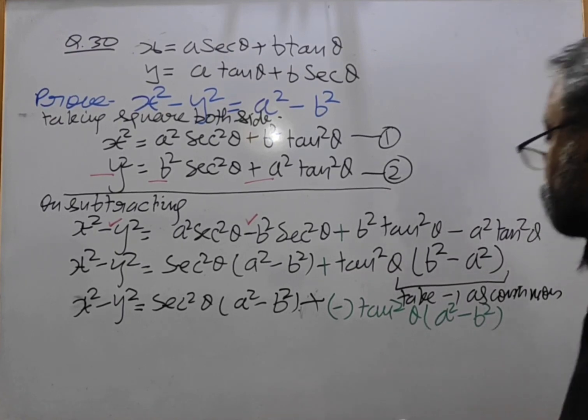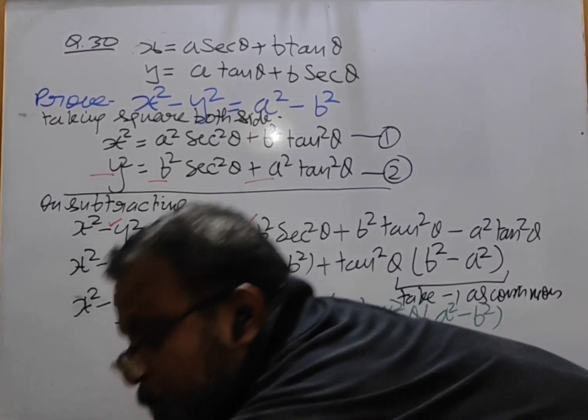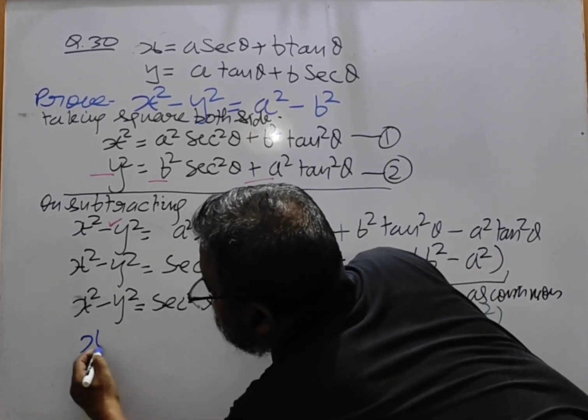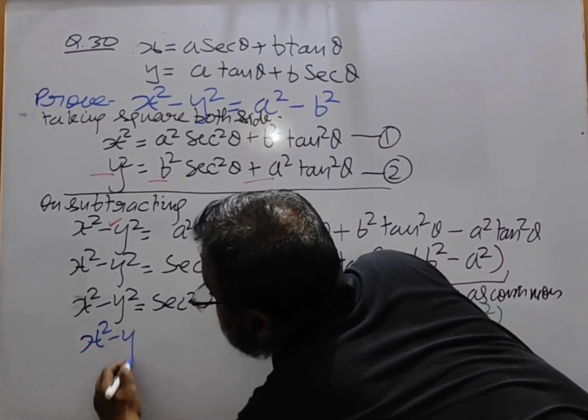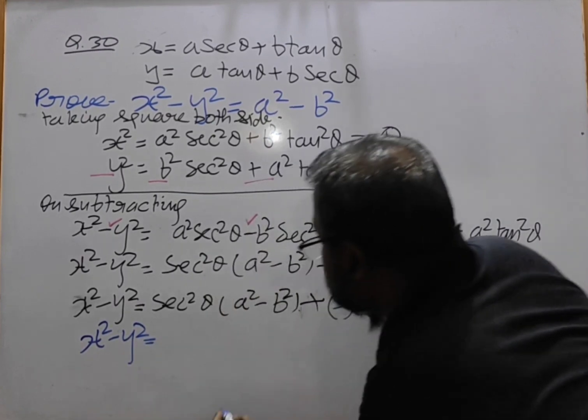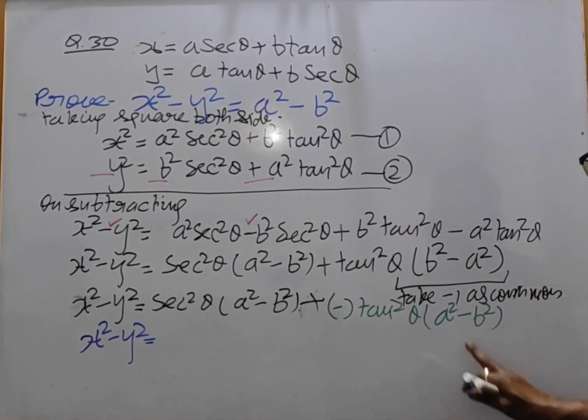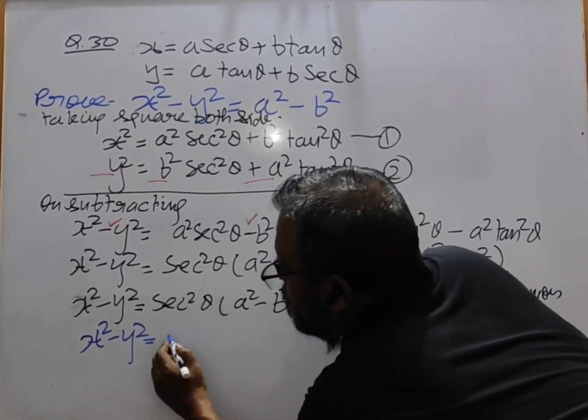And then we get as a whole x square minus y square is equal to a square minus b square.